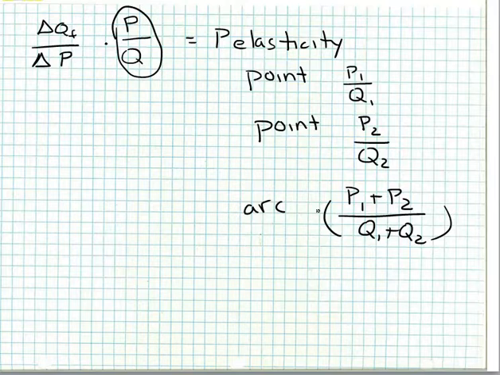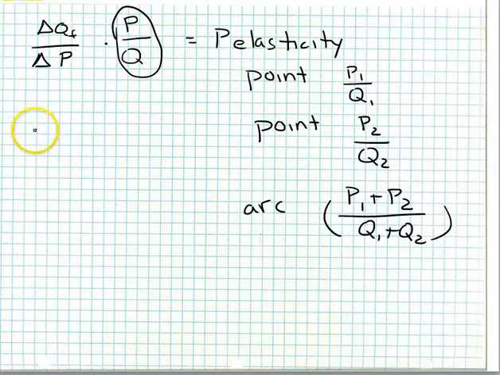Again, the own price elasticity of demand for a good is the absolute value of the percentage change in the quantity demanded of the good due to a 1% change in its price, holding other prices, income, and preferences constant.